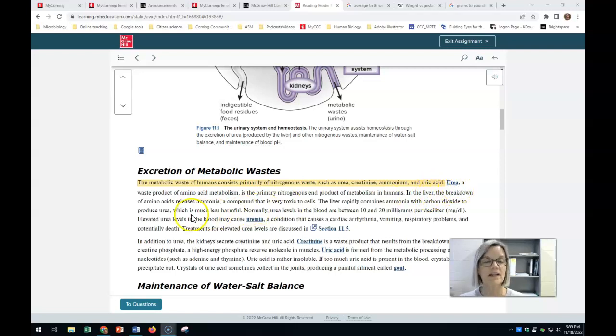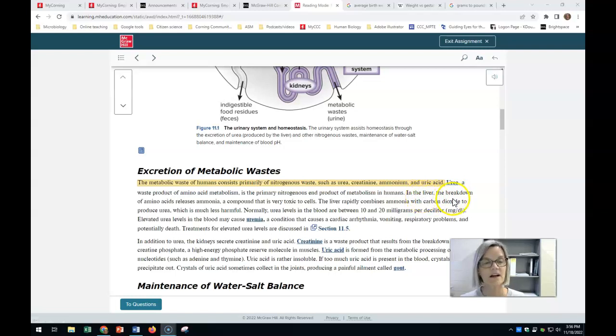Urea is a waste product of amino acid metabolism. Remember, amino acids are the building blocks of proteins. So when you eat protein, you're going to generate urea as a waste product. If we accumulate too much nitrogen, we'll throw off our homeostasis. So it's important that we get rid of these extra nitrogenous products.